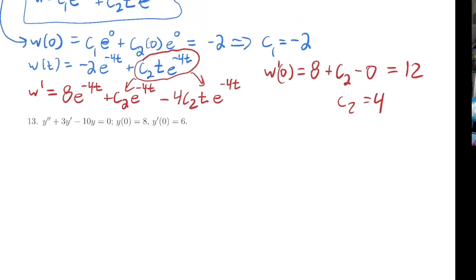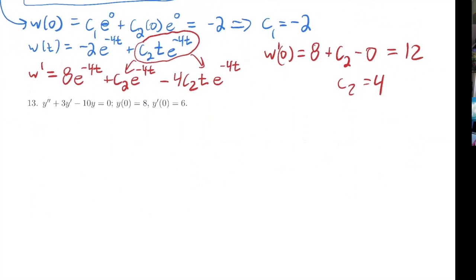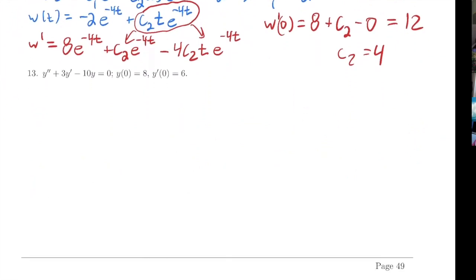We're out of time, so I'll stop here. If you want to stick around and do 13, I'll stay on Zoom since I'll record this and put it up for those that want to take a look at it later. You're welcome to stick around.